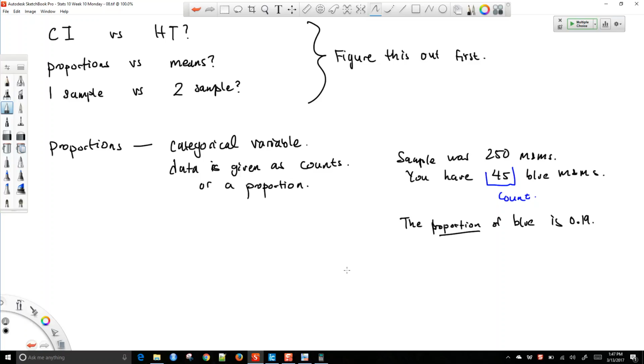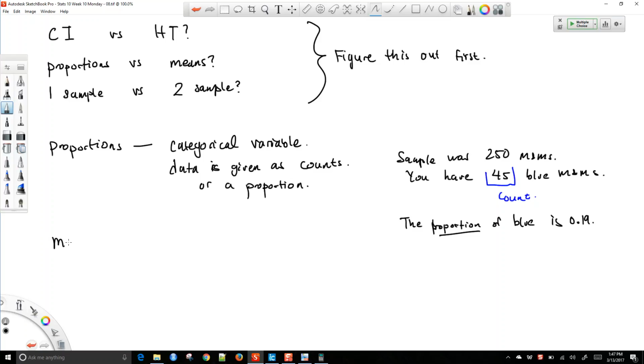But inevitably, someone messes this up, and it makes me sad. Okay, so that will be clear, I hope, and obviously, if you see the word proportion in there, that's a good indication.